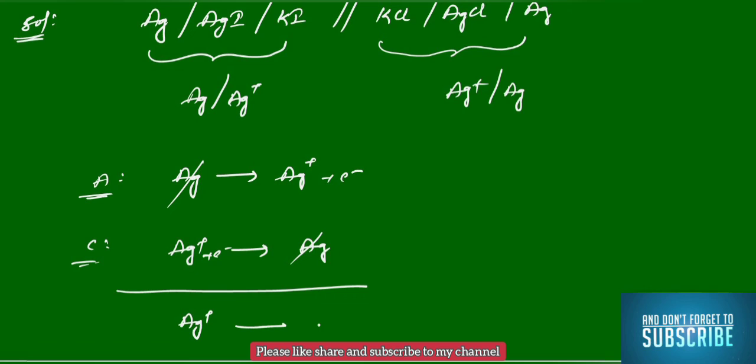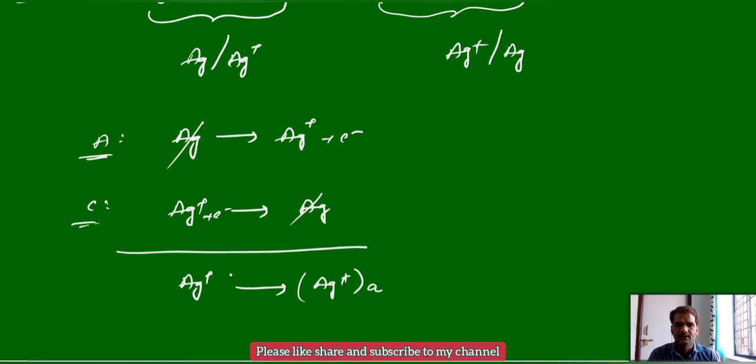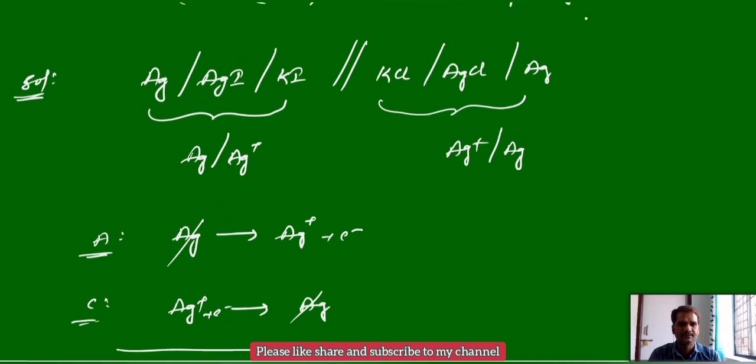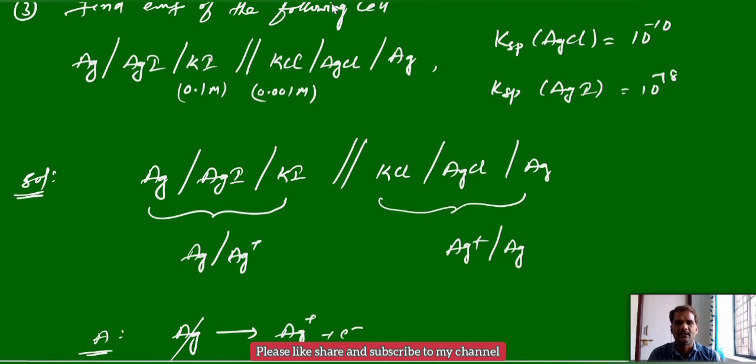This Ag plus concentration for the anode of the cell and this Ag plus concentration for the cathode of the cell, they are different. Now we can calculate the concentrations by using the solubility product values.